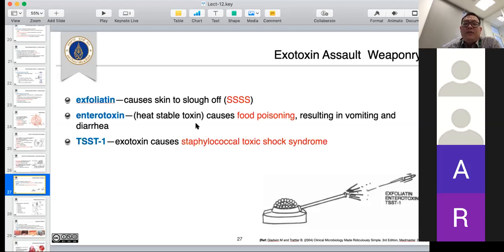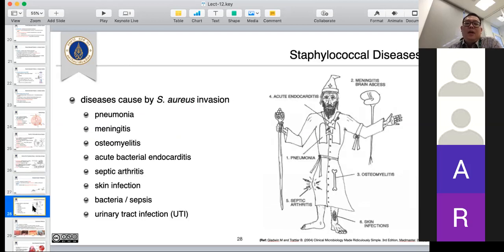Enterotoxin causes food poisoning. When you get contaminated food, you probably get a lot of nausea and vomiting and diarrhea, okay? TSST, toxic shock syndrome toxin type 1, causes staphylococcal toxic shock syndrome, okay?